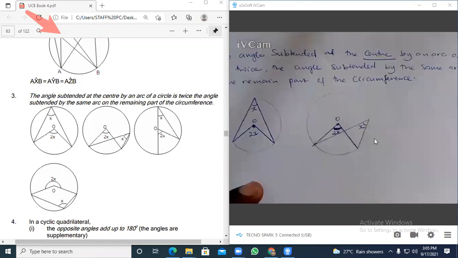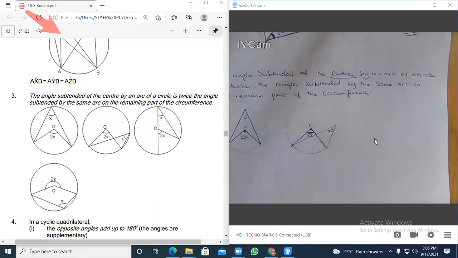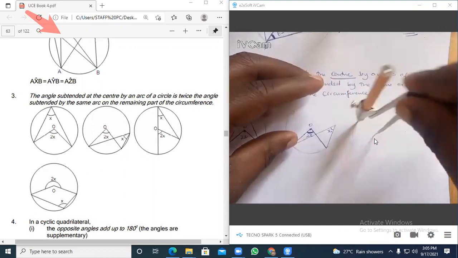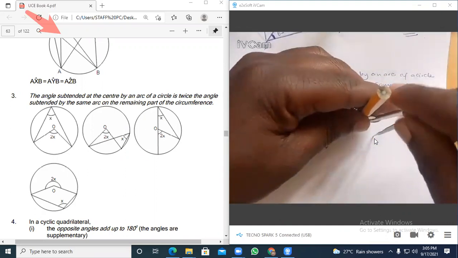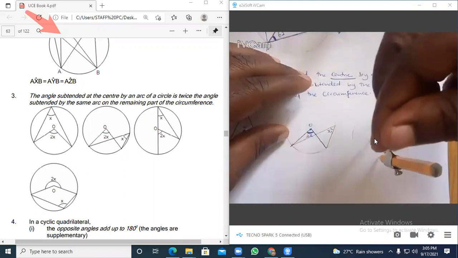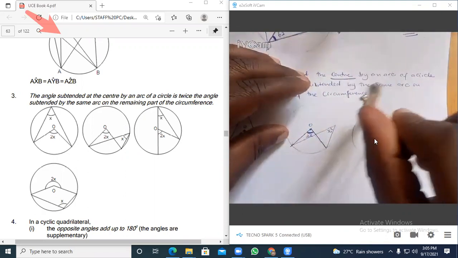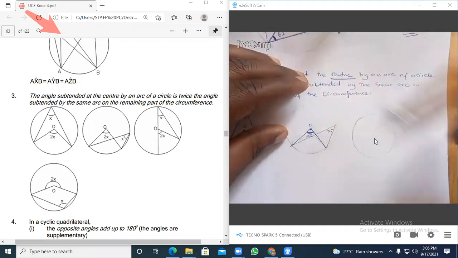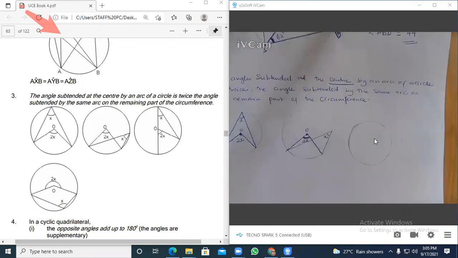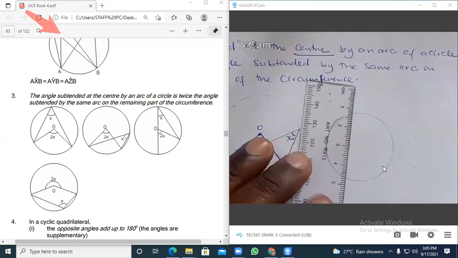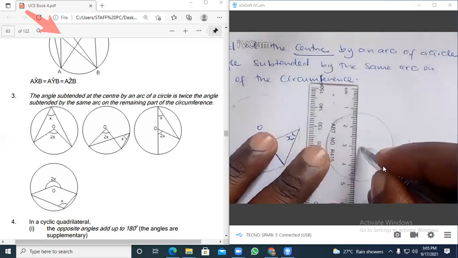Okay, let us go to the next one. This one. All right, so we draw a circle here. I've drawn a circle, so let us draw this line.